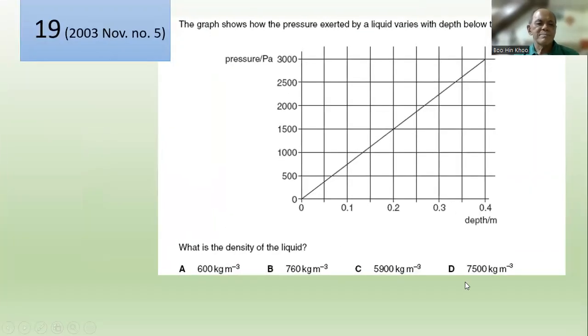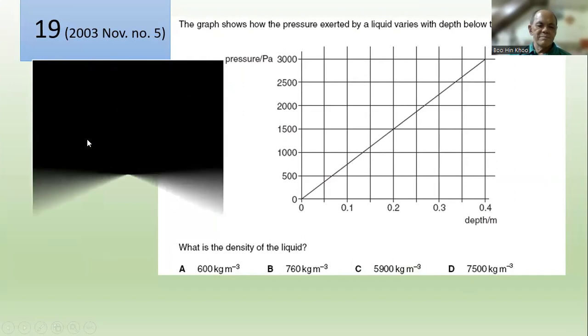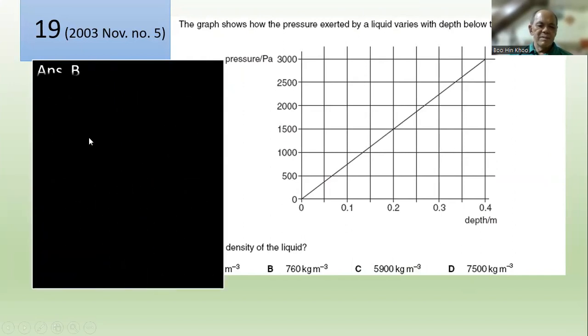Try this one. The graph shows how the pressure exerted by a liquid varies with depth below the surface. What is the density of the liquid? Go to the formula, November 2003, number 5. Pressure is h rho g. That is the gradient. Compare with your equation of a straight line.